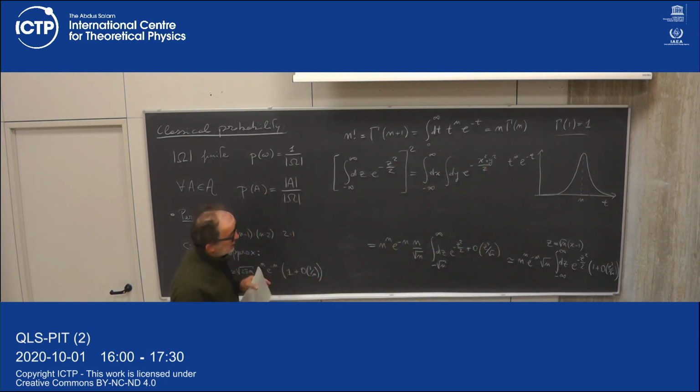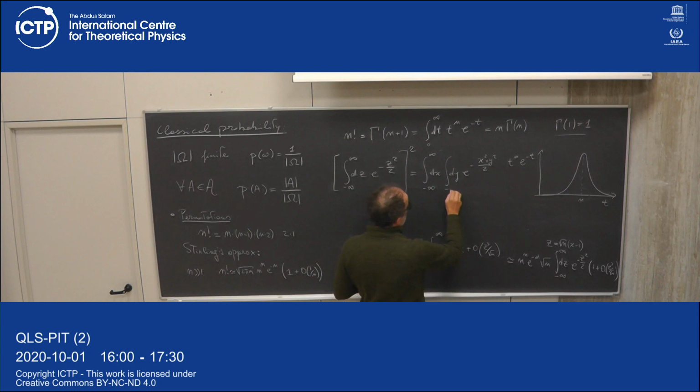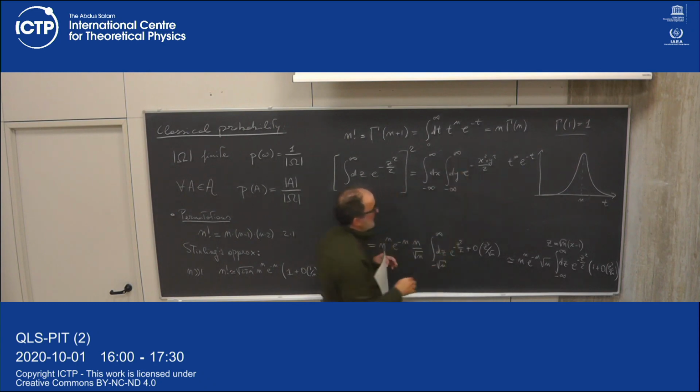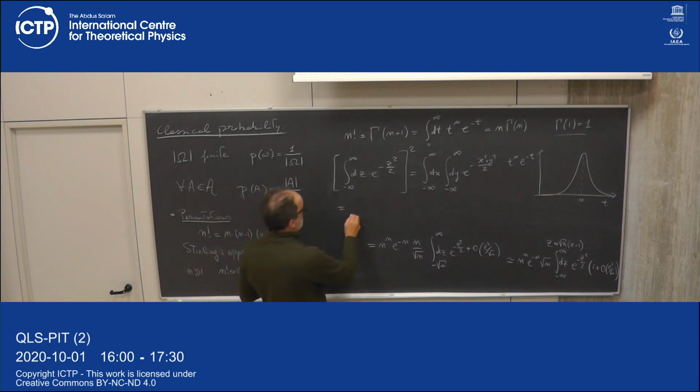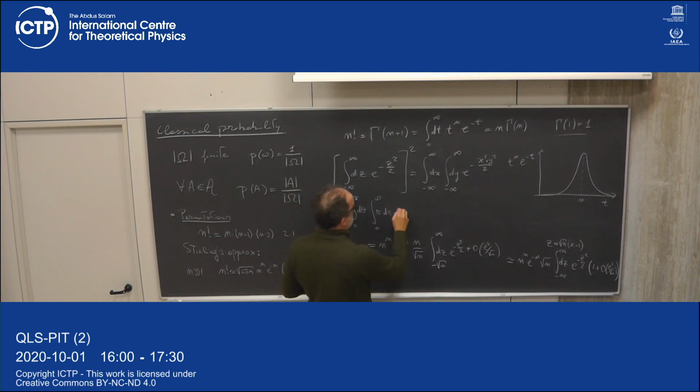And then I can change variables to polar coordinates, and I can write this as an integral from 0 to 2 pi in d theta, integral from 0 to infinity in r dr e to the minus r squared over 2.